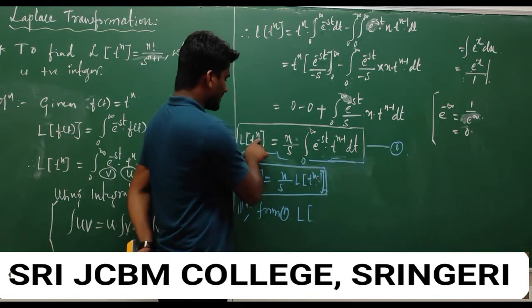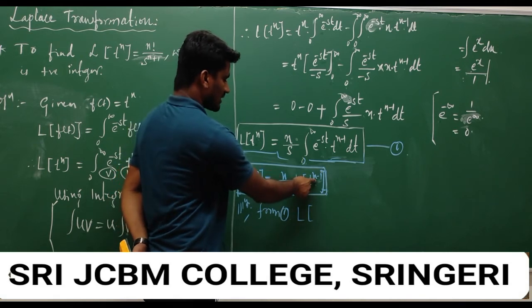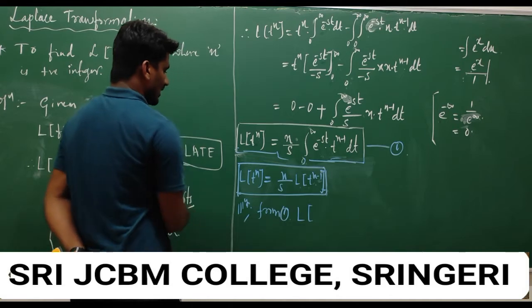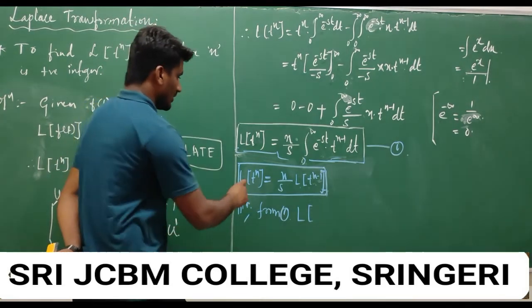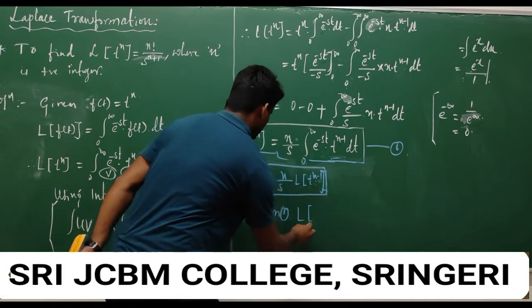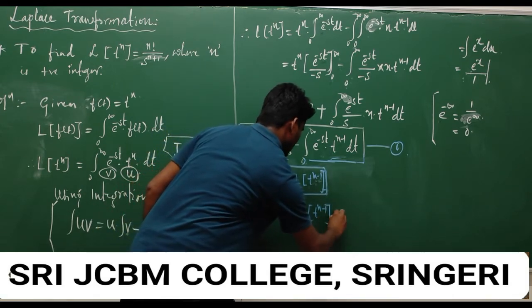Just substitute n as n minus 1 in condition 1, and definitely we will get t to the power n minus 1. So substitute n as n minus 1 in condition 1, with s as it is.